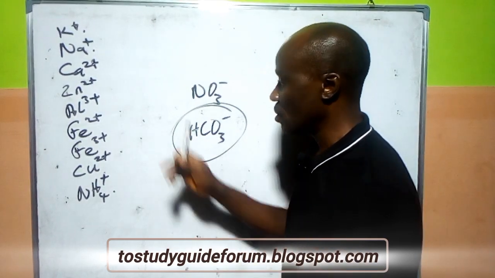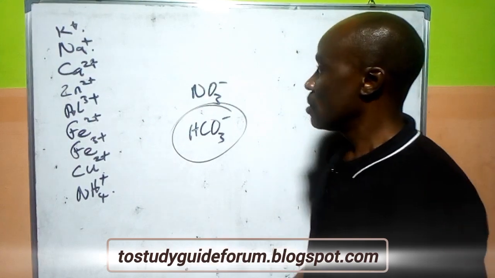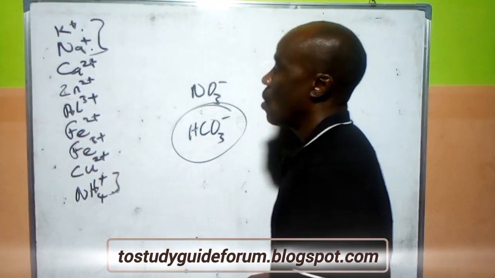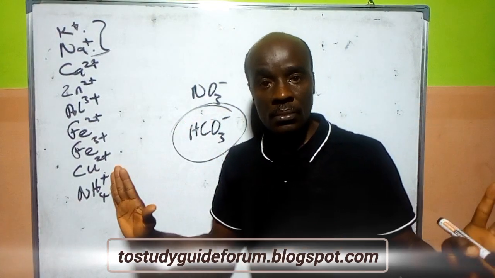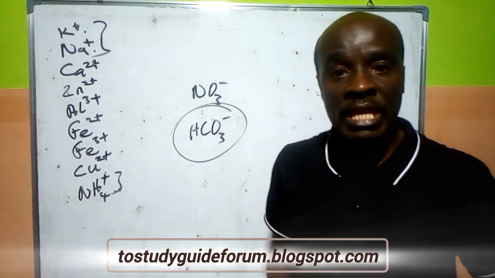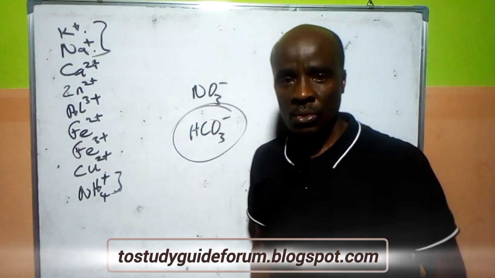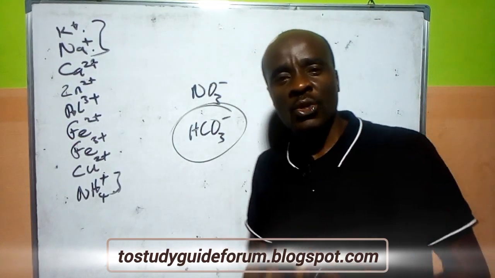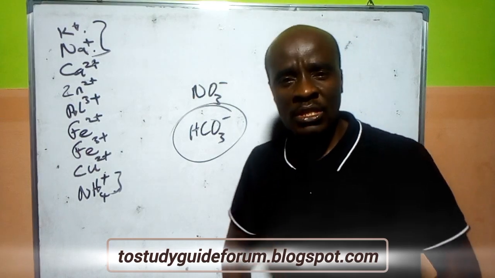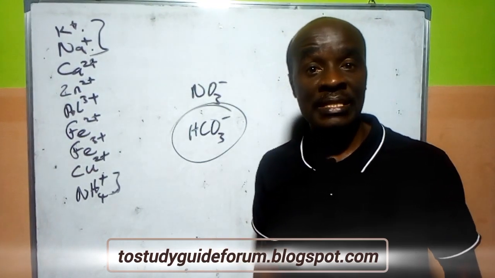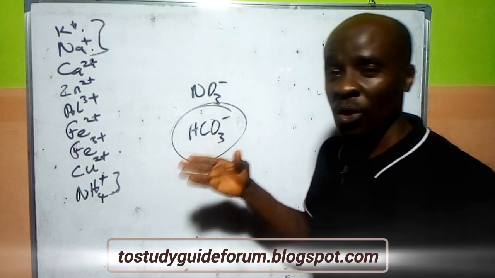Based on the information I have given you so far, these ones give you soluble compounds, and these soluble compounds are most often colorless. So when you add water to a compound you are testing and you notice that you have a soluble substance which is colorless, you don't really know what might be inside there.